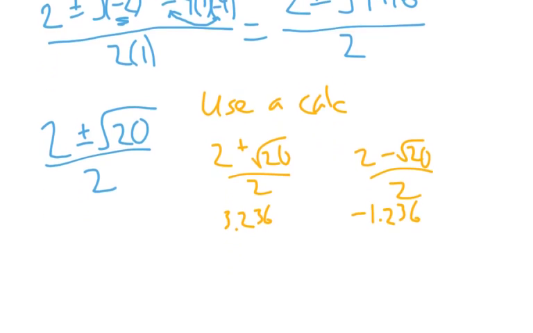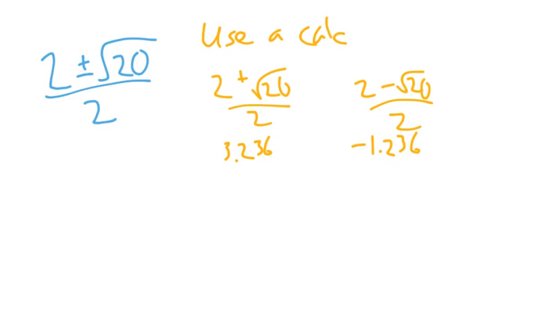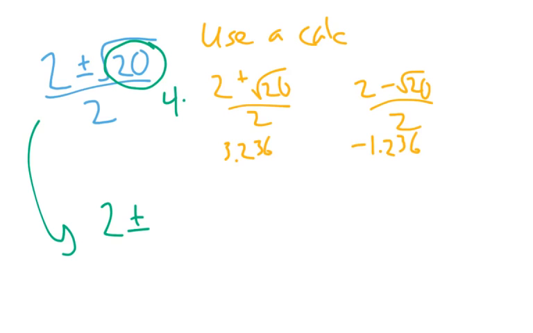If we're trying to work with the numbers a little bit more, that's option number 2. So we go 2 plus or minus, and we've got to ask ourselves, what are some factors of 20 that we may care about? And one of those is 4, because it's a perfect square. The square root of 4 is 2, so we bring the 4 outside, but as a 2.